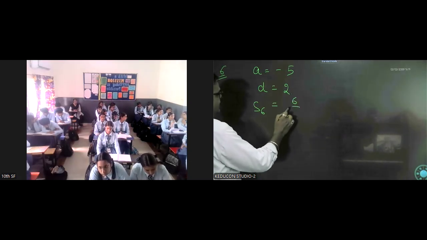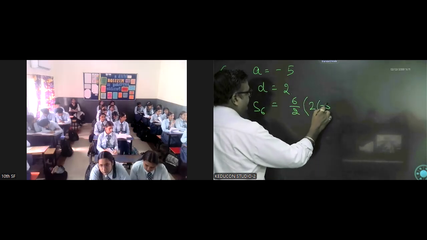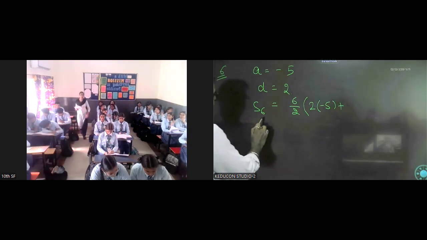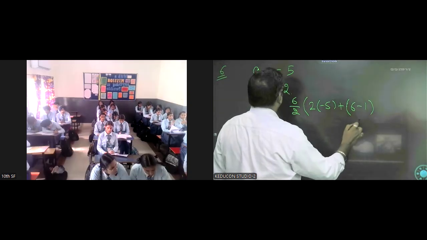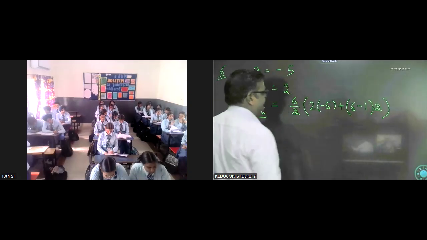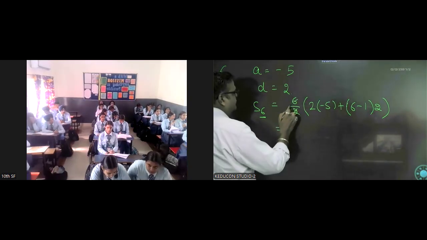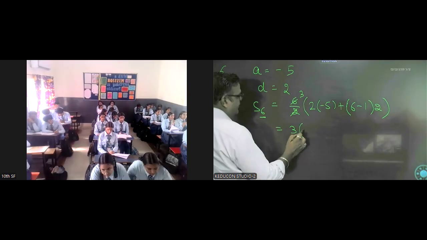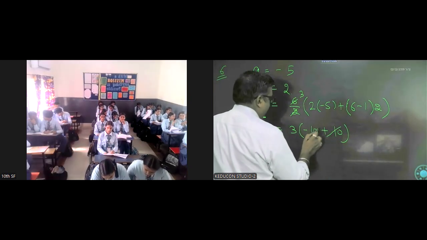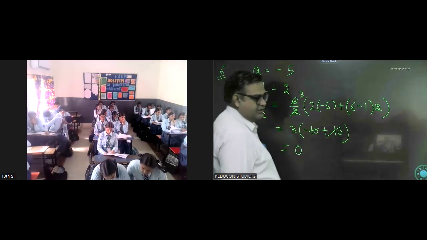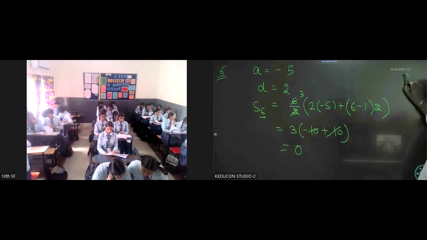Sn equals n by 2 into 2a plus n minus 1 into d. Here n is 6. 6 minus 1 into d, which is 2. This will be the answer. 6 by 2 is 3, into minus 10 plus 10. Cancel. So S6 will be 0. A option, students.